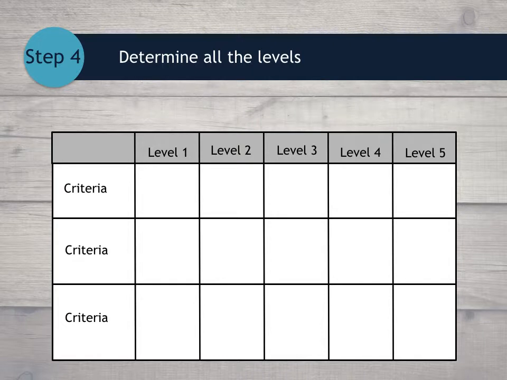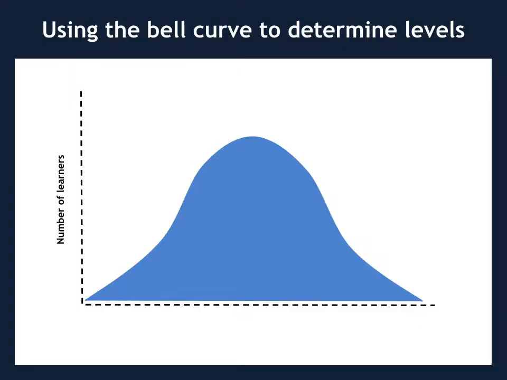Now, we said here that the can and can't do level sits in the middle. Now, some of you might be familiar with what we call the bell curve. I'm going to explain to you how the bell curve works, and then it should make more sense about where the level 1, 2, 3, and 4 come from, and 5. So let's have a look at the bell curve.